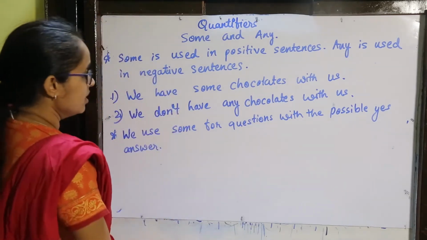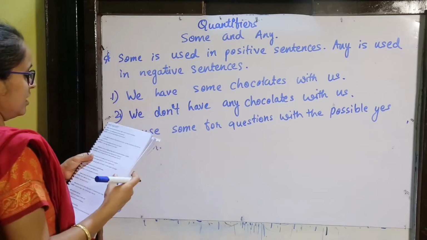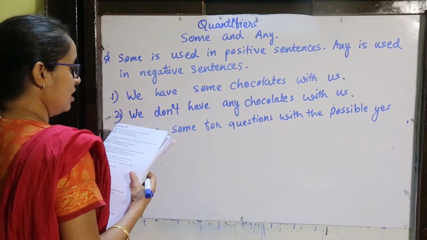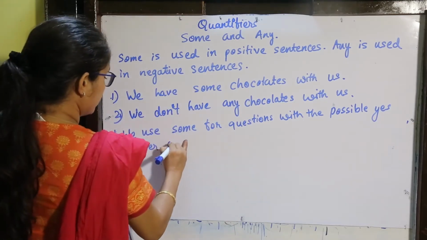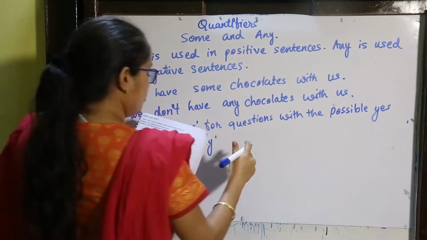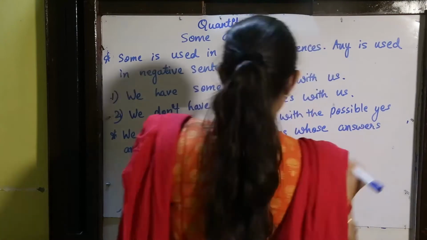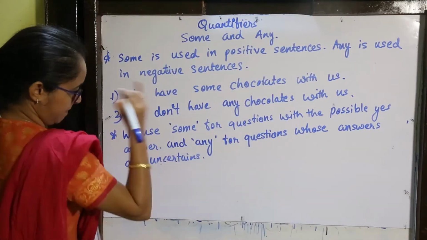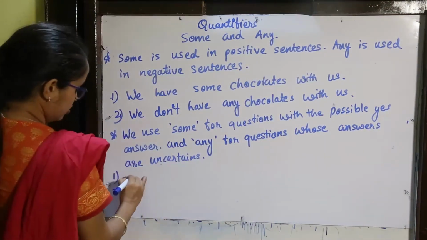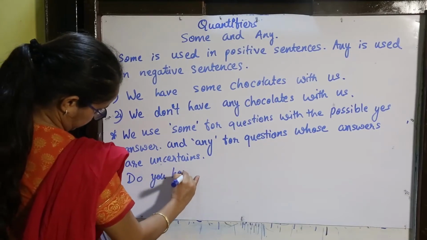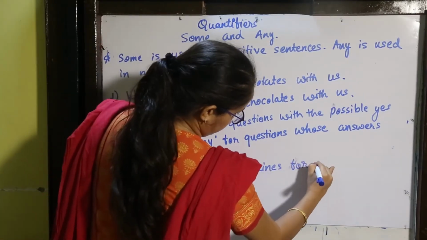So this is where you ask like this, and any is for questions whose answers are uncertain. That means you don't know whether it is yes or no. For example, do you have some medicines for cough?